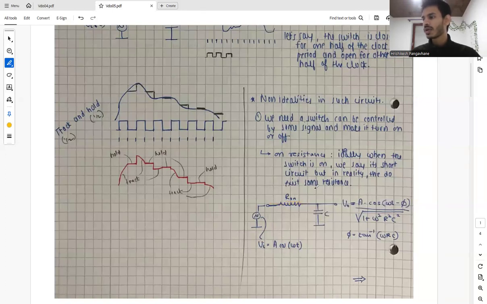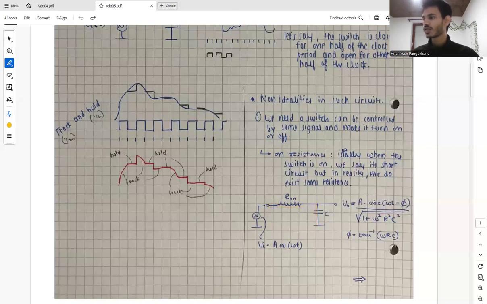Now when we look at the circuit, we have our Vin, which is a continuous time signal with amplitude A, so it's A cos omega t. And we have an RC circuit. So what is the RC circuit? It's a basic RC filter, and at this point we are taking the output. So our output will be nothing but the output of an RC filter. Our signal is being passed through an RC filter.